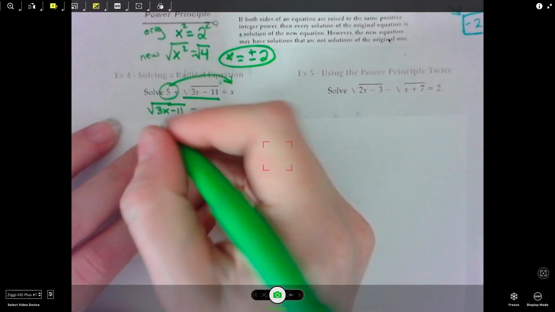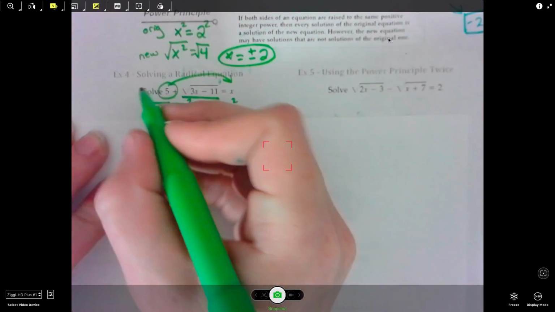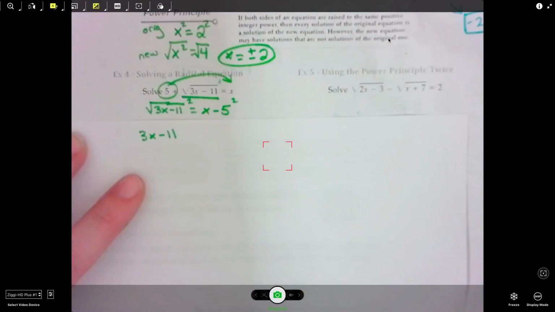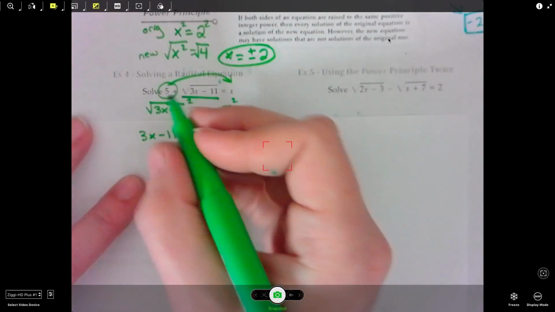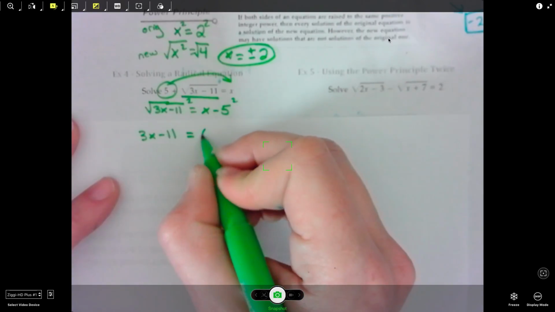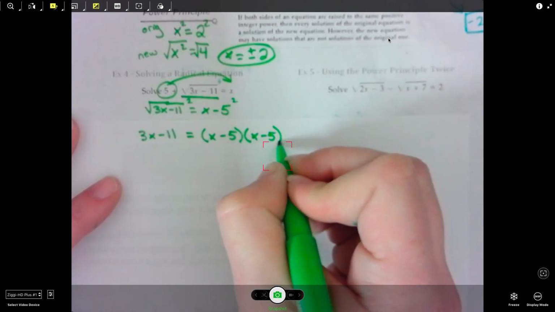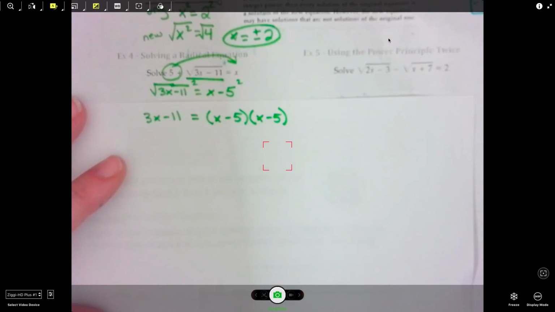I'm going to square both sides. Okay? When I square both sides, this 3x minus 11 will just pop right out of that radical. On this side, it will be like x minus 5 times x minus 5. Okay, that's what x minus 5 squared means. I should write it with parentheses around it.